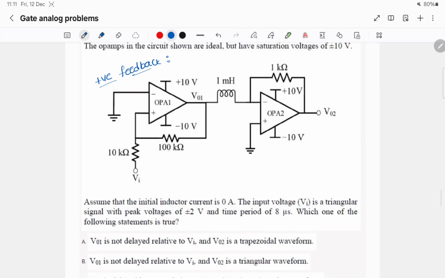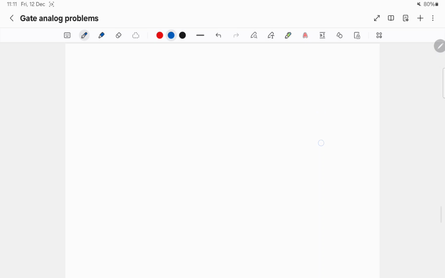So let us say this node potential is Vn, and let us say this node potential is Vp. If Vp is greater than Vn, output will be positive Vsat.